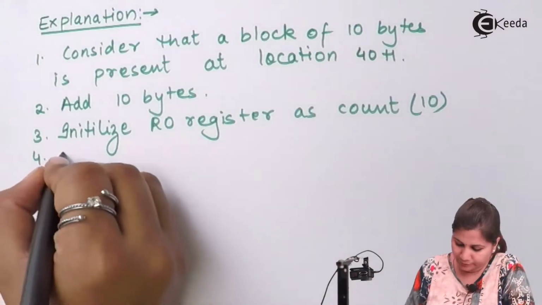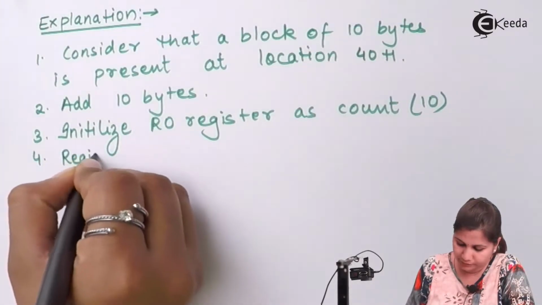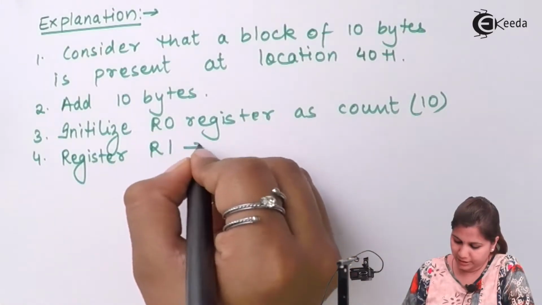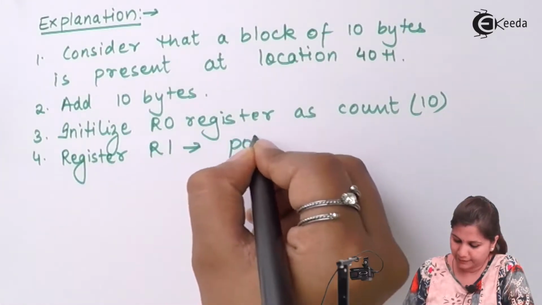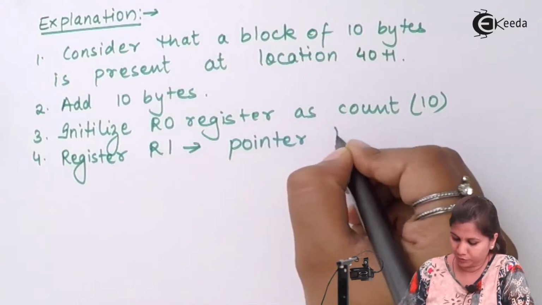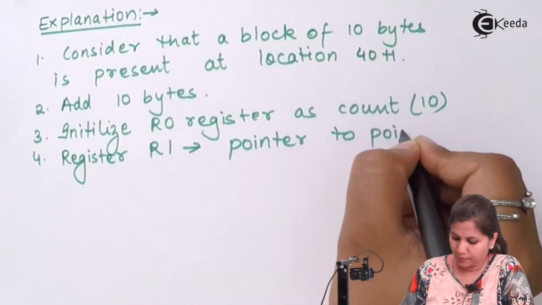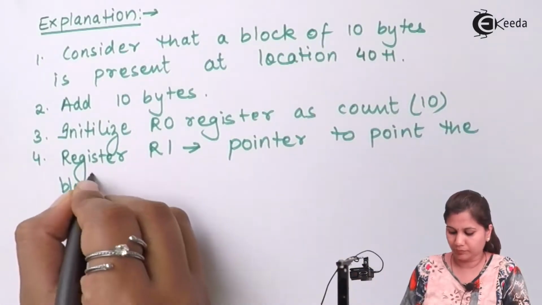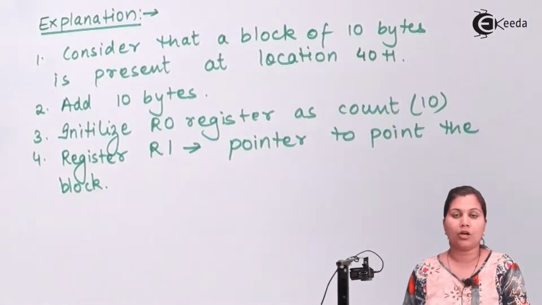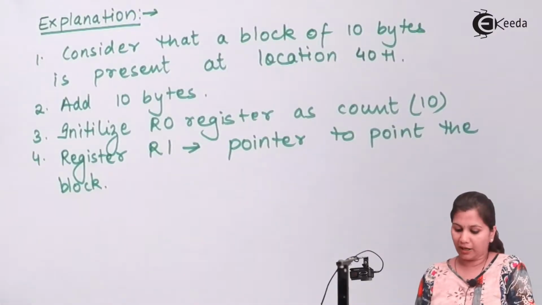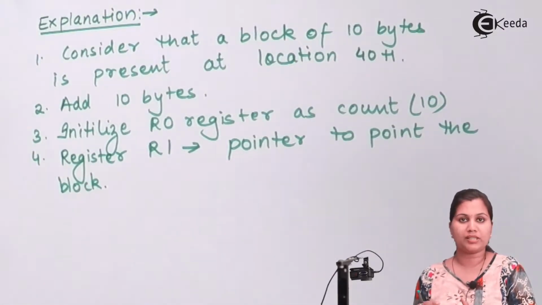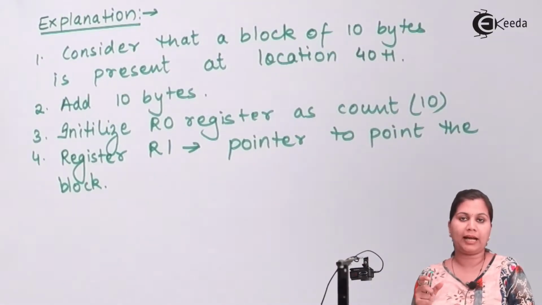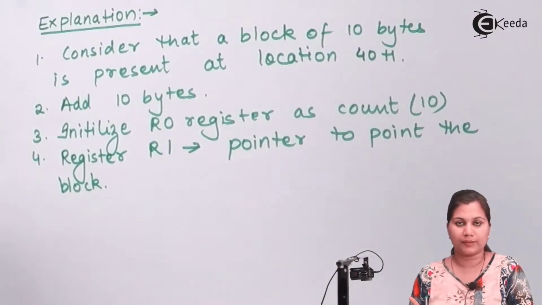So next thing is register R1 we are taking, and this register R1 will act as a pointer to point to the block. Okay, so with the help of this register R1 we are pointing towards the block. Every time we are incrementing this pointer and we are adding the numbers.